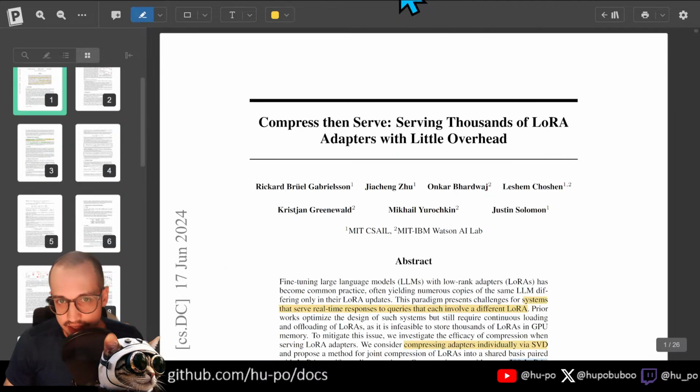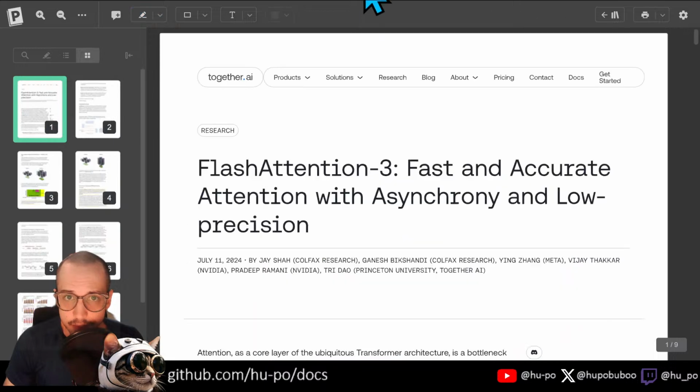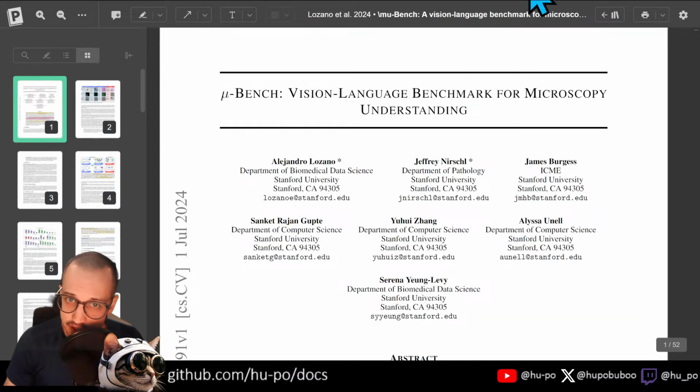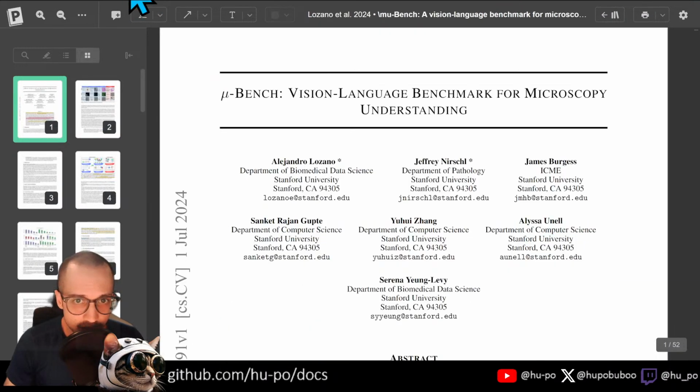So some ideas around more efficient inference, more efficient training, and how the algorithms and the hardware go together. That's the second part. I also have some extra papers if we end up having a little bit more time. So that's the plan for today.